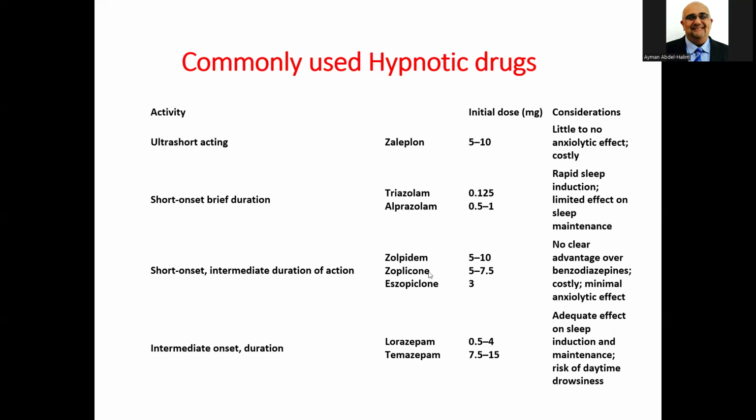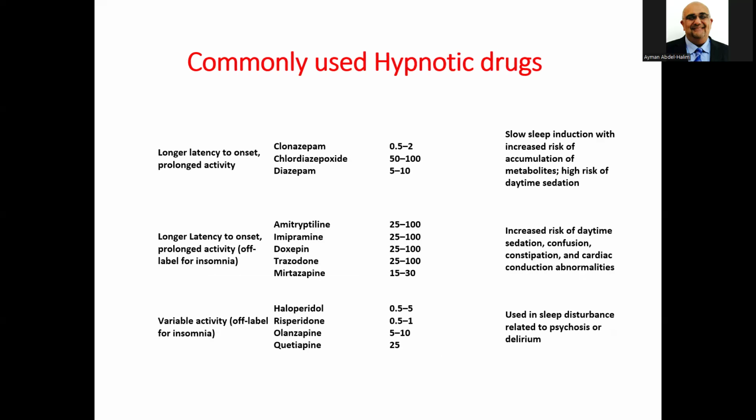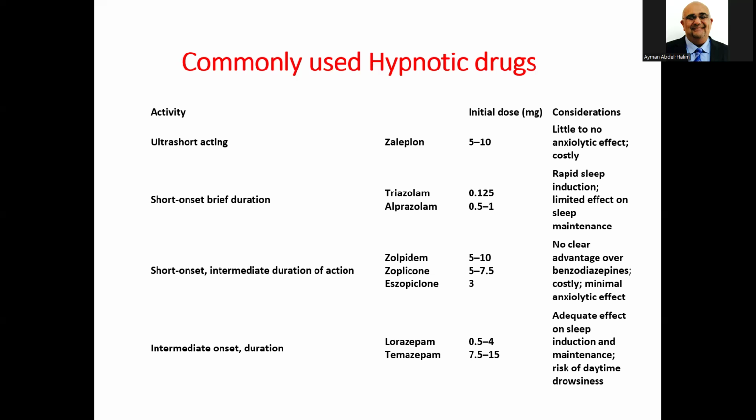These are basically the most important ones that we use for sleep disorders. These are more selective than the rest of the benzodiazepines, helping with the insomnia without affecting other parts of your body, like muscle relaxation, amnesia, and all that stuff.